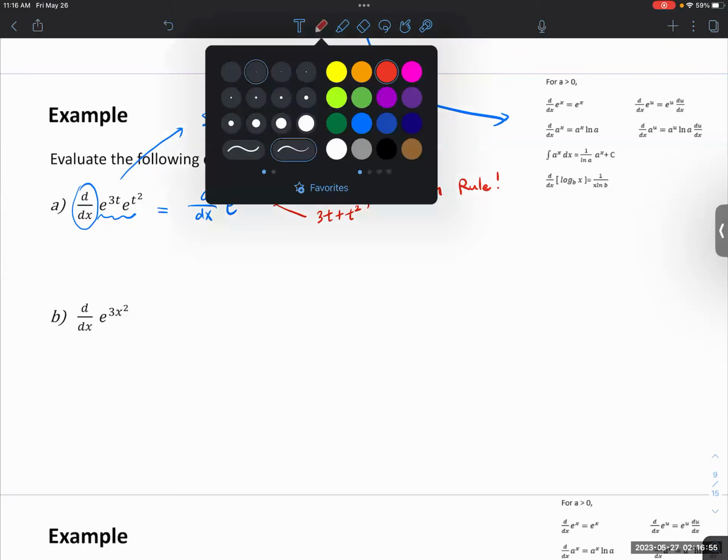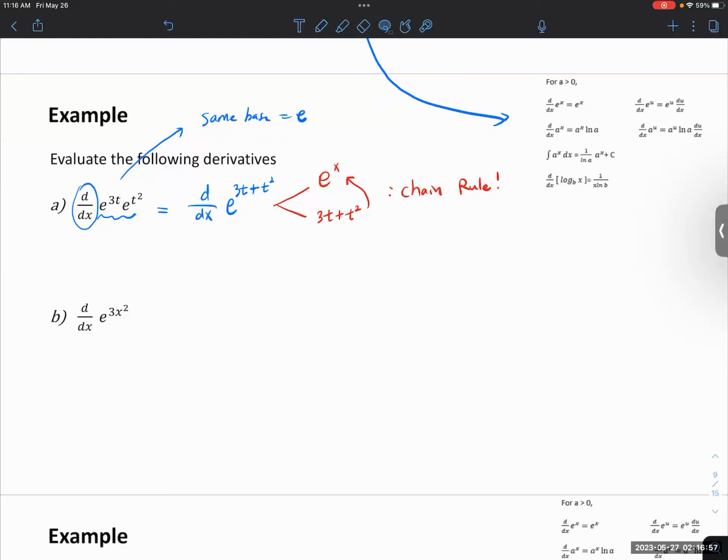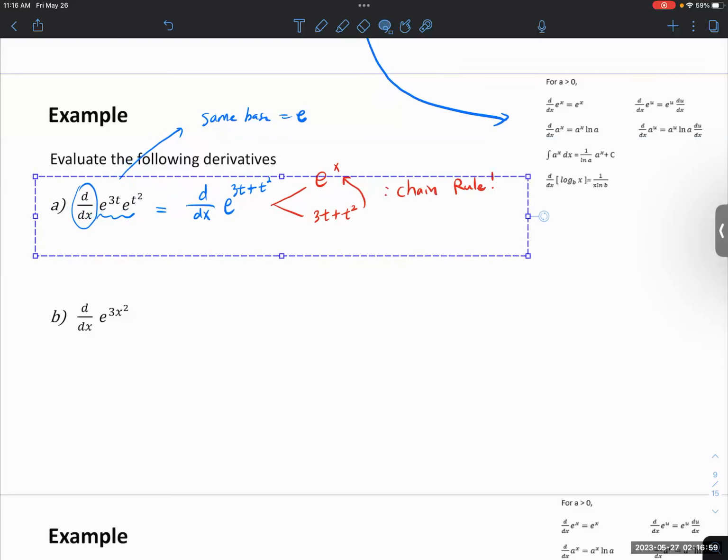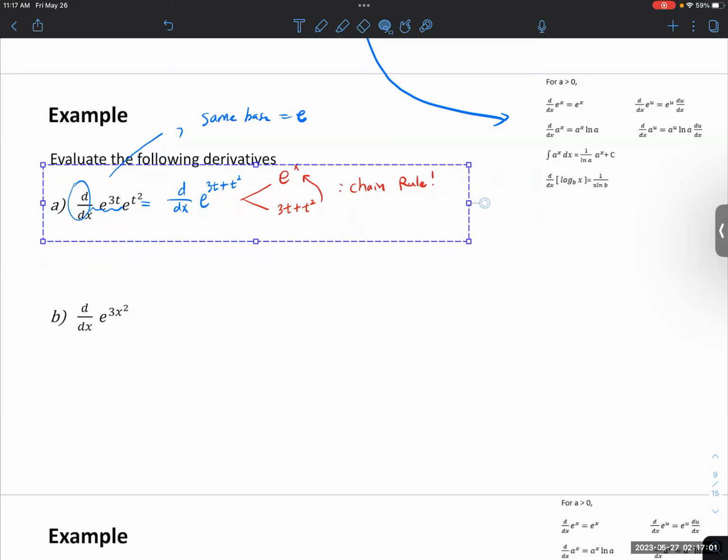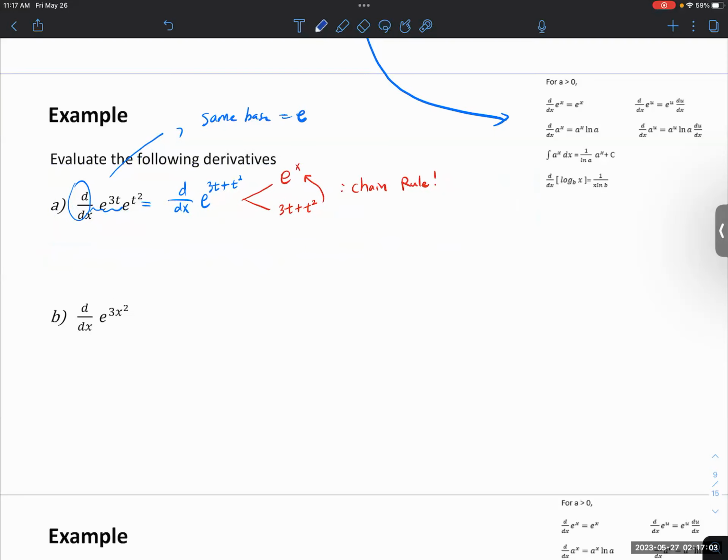So therefore, you're going to do step-by-step work. I'm going to make it a little bit smaller. You're going to take the derivative of e to the x first, so e to the x stays outside and it's going to be the same. You're going to keep e to the 3t plus t to the second because it's the same.